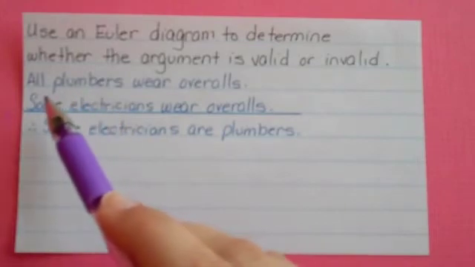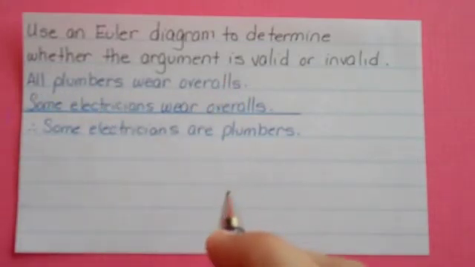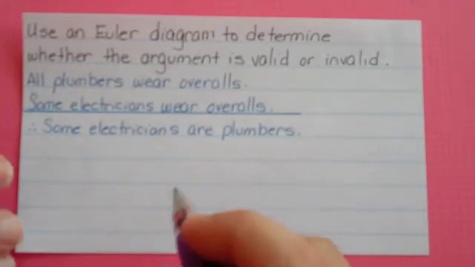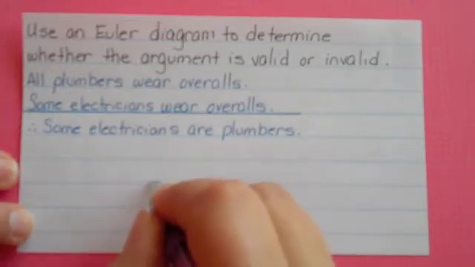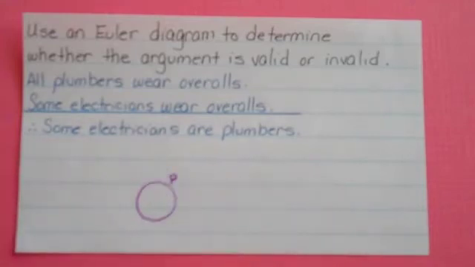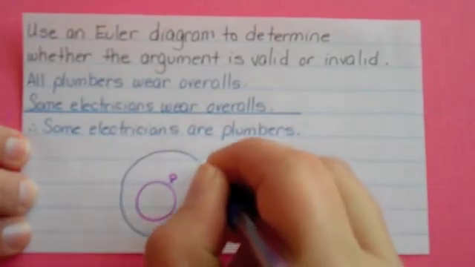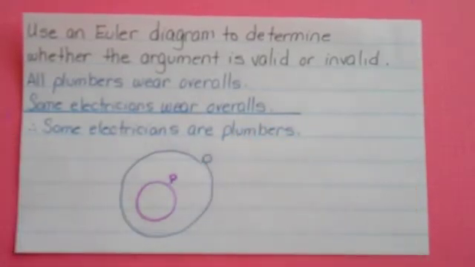So the first statement says that all plumbers wear overalls. Now remember the way we draw this one for all A's are B's. So all plumbers, so this is the set of plumbers, wear overalls. So all of these are in the set of people who wear overalls.